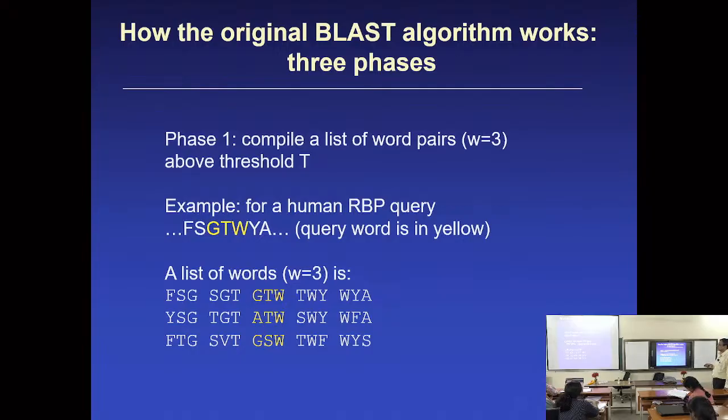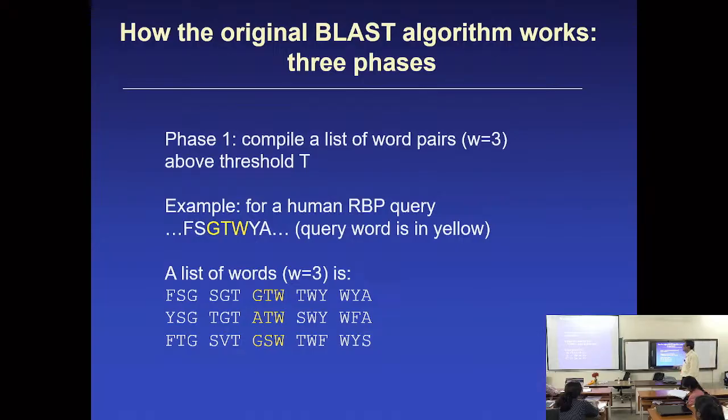And let's consider a query word GTW, but first let's get all the 3-letter words in the query sequence: FSG, SGT, GTW, TWY, WYA, right? All possible 3-letter words from the query sequence.